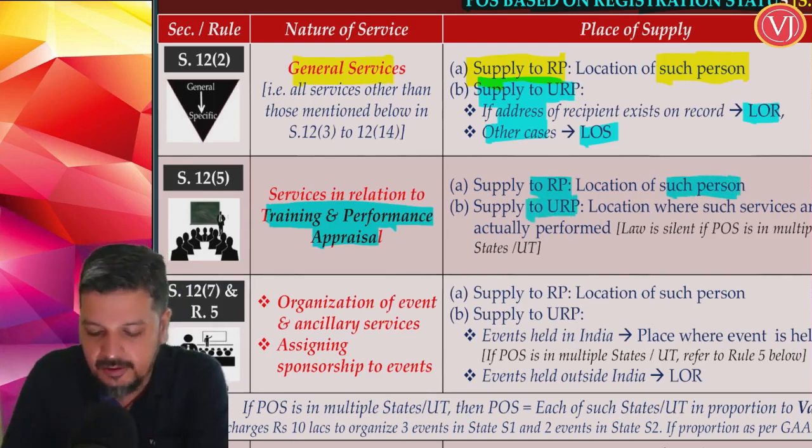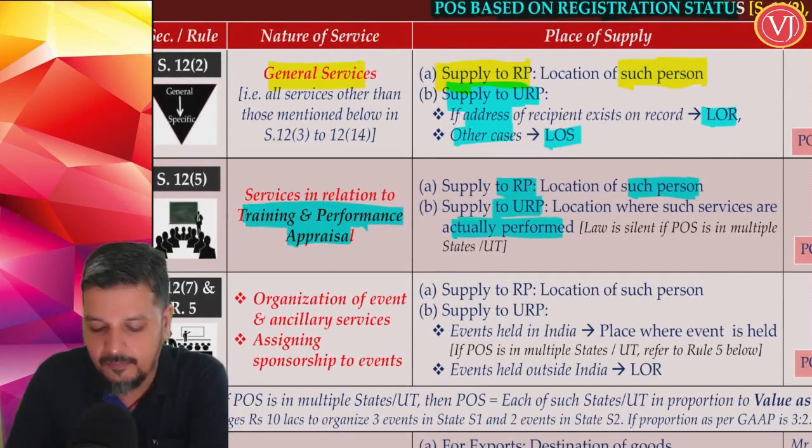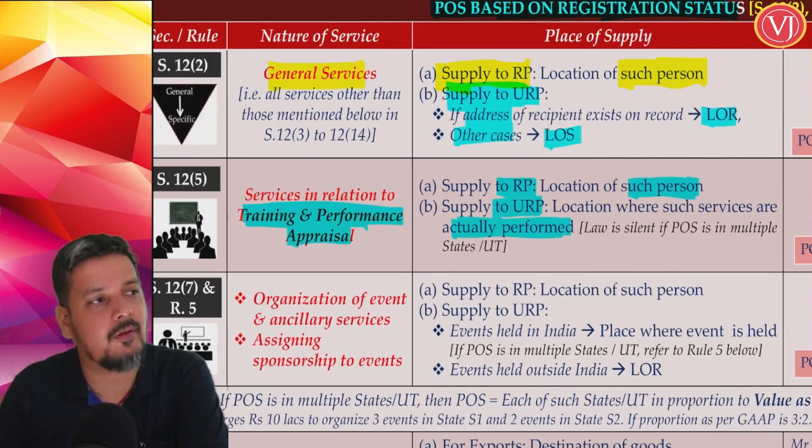If it is B2C, it is where the performance happened. Location of performance. B2B, location of registered recipient. B2C, location where actual performance happened.